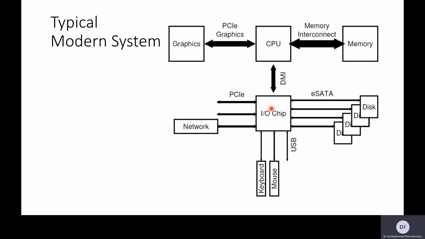This I/O chip then uses different kinds of buses to connect different devices to itself and indirectly to the CPU. So you have eSATA for disks, USB for this kind of peripherals, and PCIe, etc. for network and graphics card.